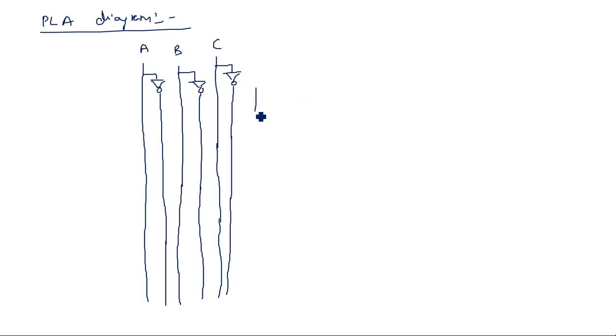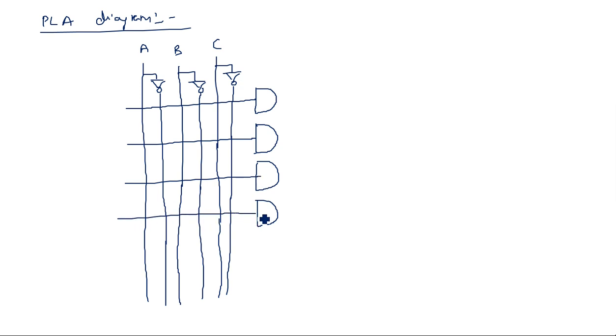And how many AND gates are we taking here? According to the PLA table, a total of 4 AND gates are sufficient. The PLA table is the ultimate one. According to that we are going to draw the PLA logic diagram. This is connected here, as both are programmable.